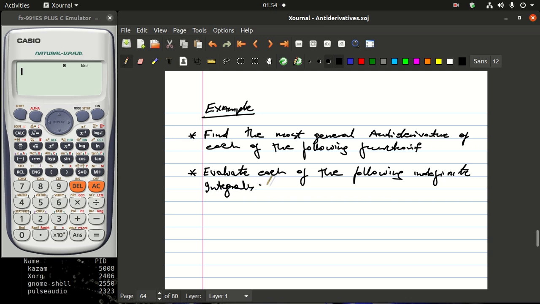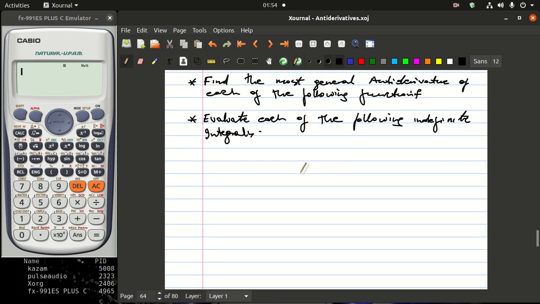Someone might say calculate, or evaluate the value. All these things mean the same thing. All you need to know is the how-to.